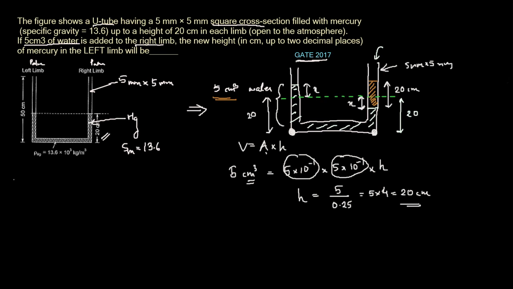So we can write the pressure here in the left limb, as this is totally mercury, right? We know pressure is nothing but specific weight into height. So for mercury here, the pressure exerted at this point will be nothing but gamma of mercury into this height.